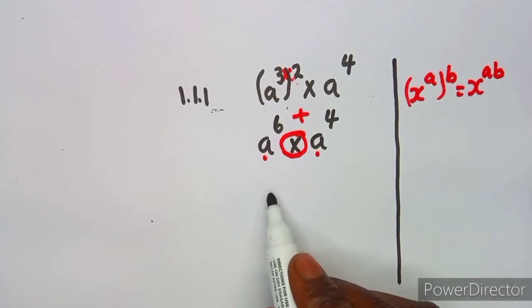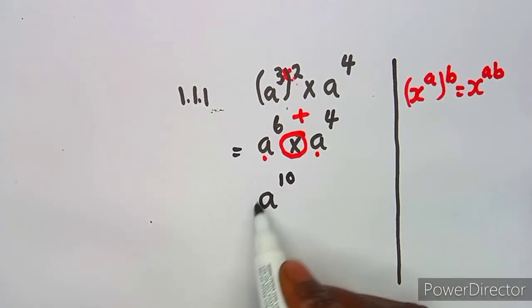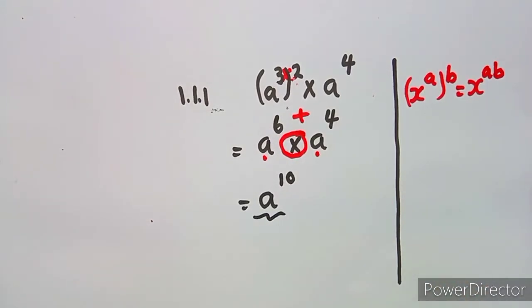So if we add 6 and 4, you're going to obtain a to the exponent of 10. So you're simply adding 6 plus 4, which is 10. That is what you're going to have in simplest form. So when you're given such a question, it's all about writing in the simplest form. That is the idea of every question.